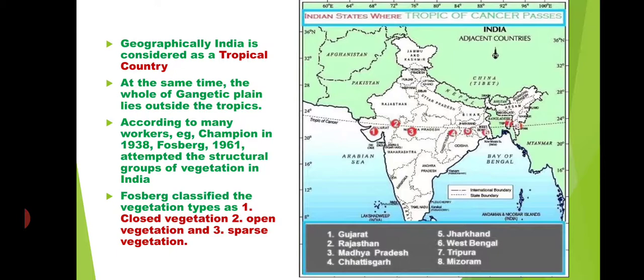According to many workers, for example Champion in 1938 and Forsberg in 1961, attempted structural groups of vegetation in India. According to them, Indian vegetation is in fact a varied assemblage of plant communities.